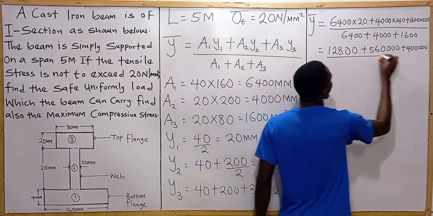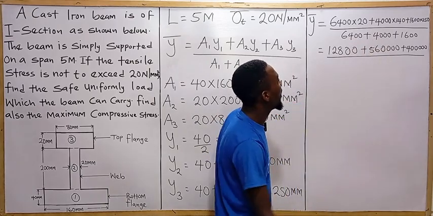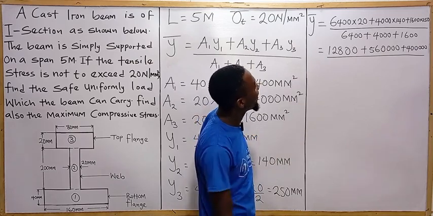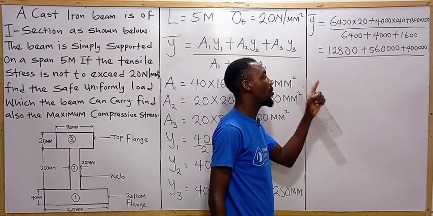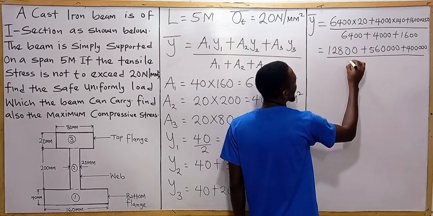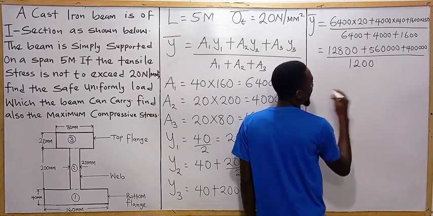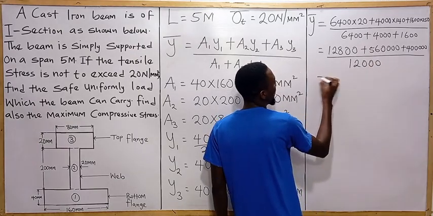So divided by, if you sum 6,400 plus 4,000, that is 10,400. 10,400 plus 1,600 is going to give us 12,000, right?